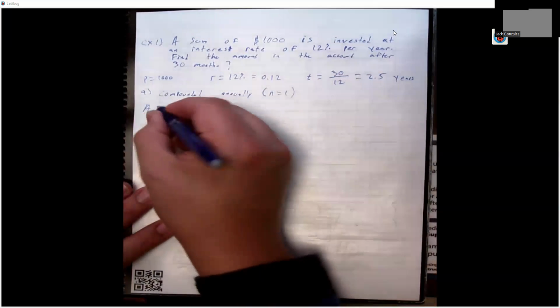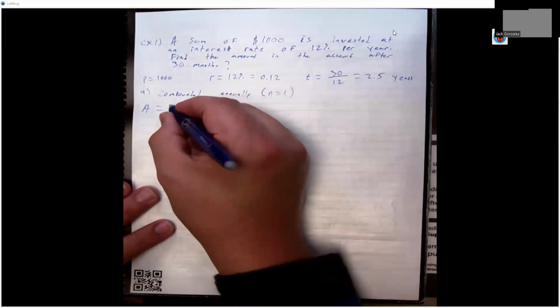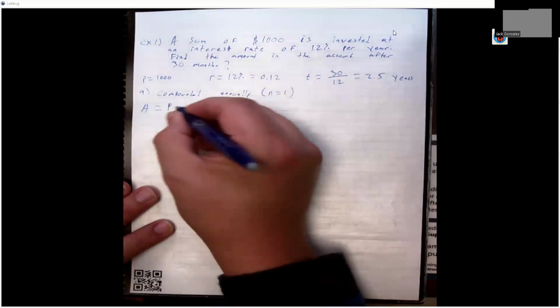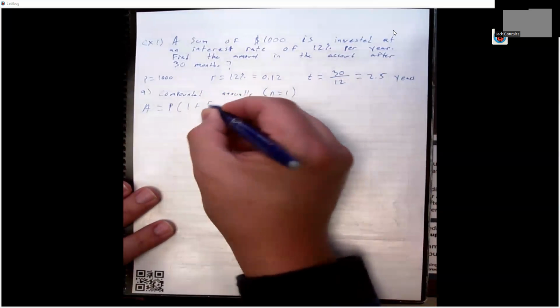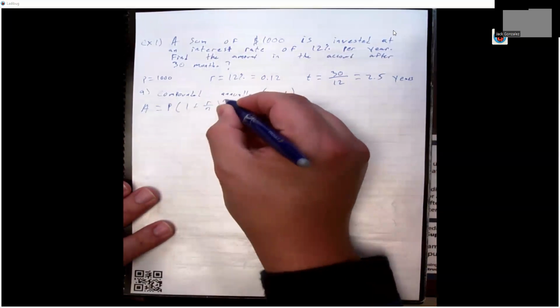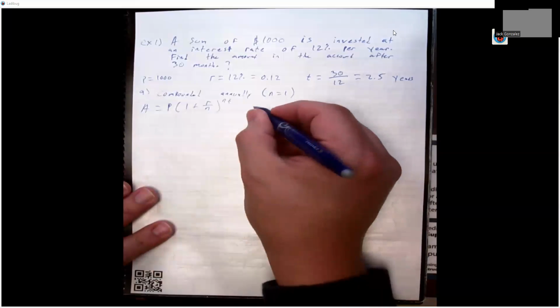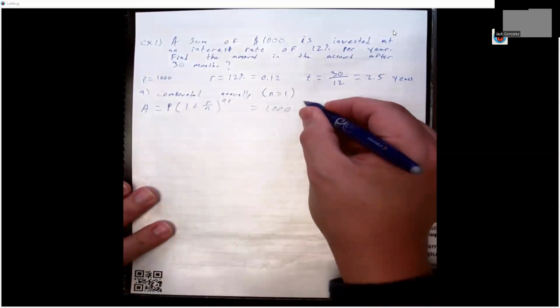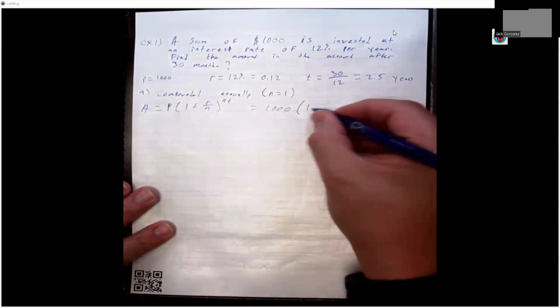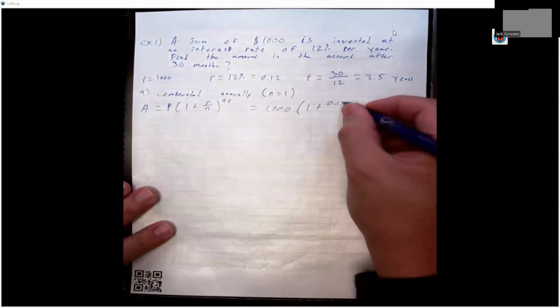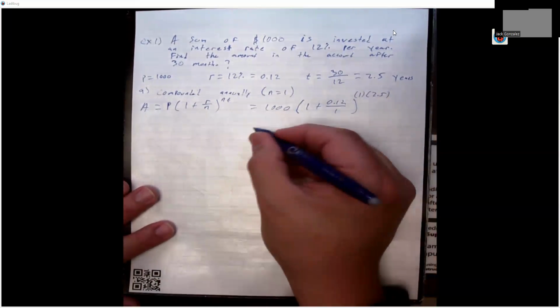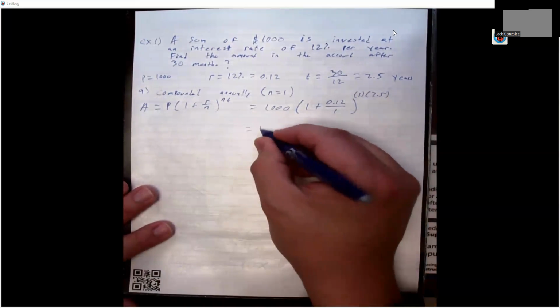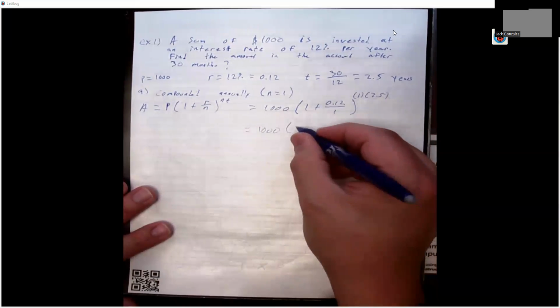So the future amount A would be, write the formula one more time, 1 plus R over N to the NT, which will give us 1,000 times 1 plus 0.12 over 1 to the 1 times 2.5. Makes it a little easier to use in your calculator. This will be 1.12 to the 2.5 power.